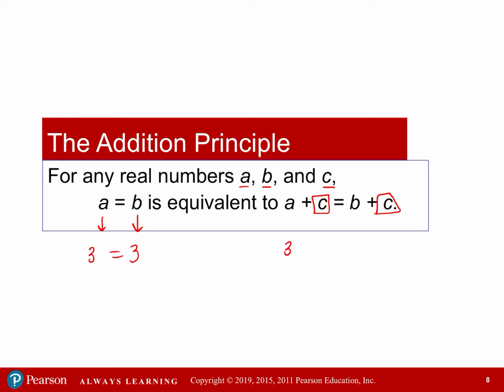So if I have 3 plus 2, and I add 2 to the other side, to both sides, we see we get the same thing in return. And this is what the addition principle is saying. Now, even though it's the addition principle, it also works with subtraction. As long as we have an equality, I can add and subtract the same thing on both sides, and it will still hold true.